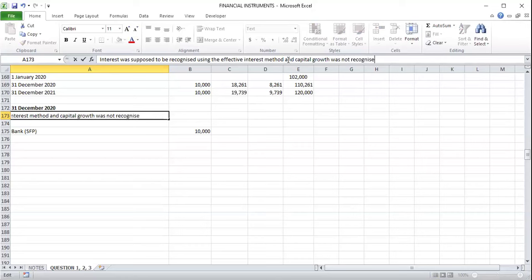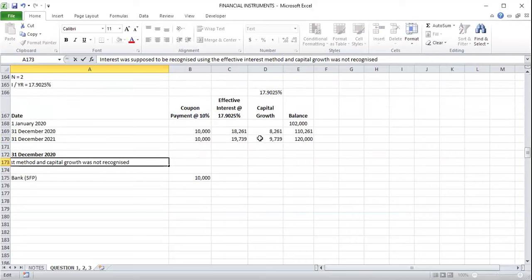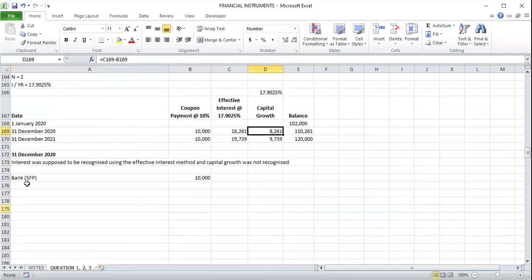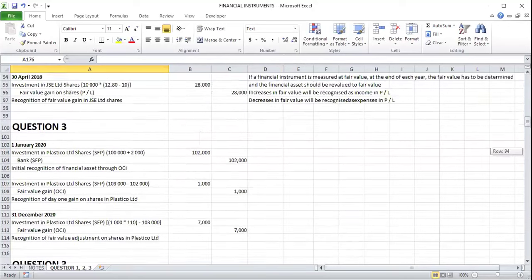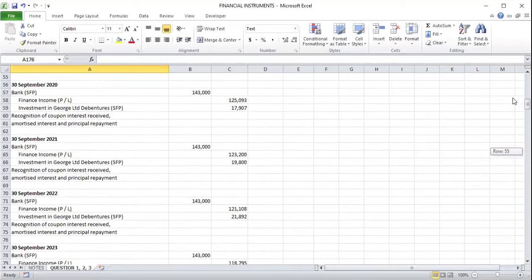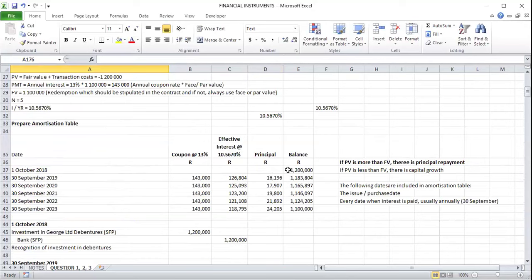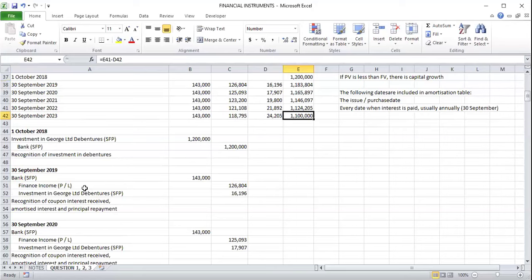And unlike our previous example, whereby there was the principal repayment, now our investment is growing. So you should check the differences between this one and the previous one. There was a repayment there because our PV was more than the FV, so we were crediting the investment.